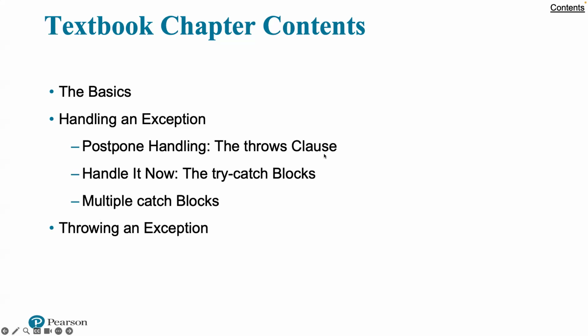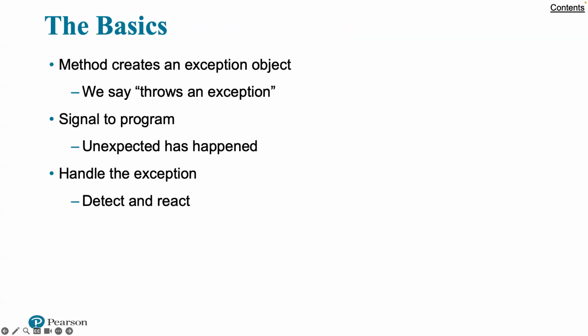Hey, we saw this, you're going to go to another part of the code, and maybe you can actually figure it out. Or you can handle it now with a try-catch block, or you could have multiple catch blocks. And then we have throwing an exception. These are all things that are built in within Java.